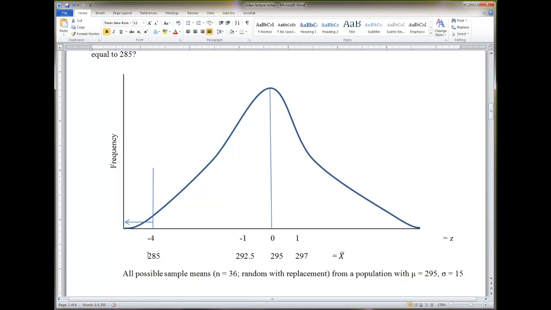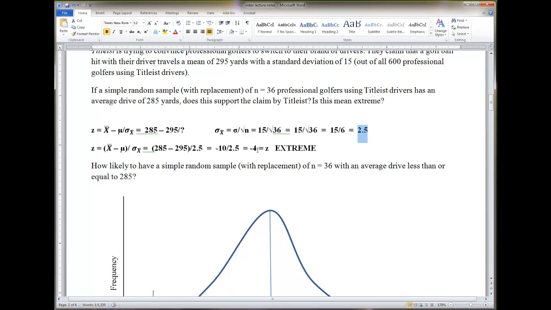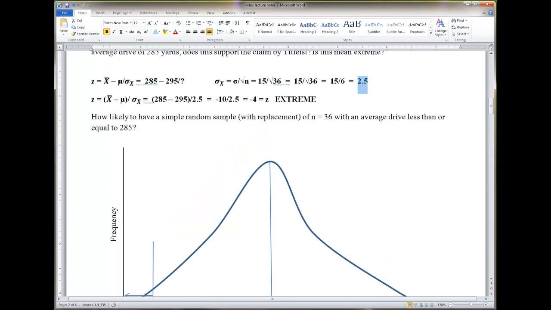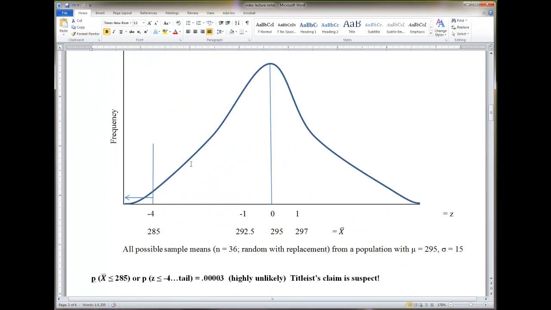Now, real quick, we know that 285 is at the extreme left end of the distribution. We know it's to the left end because 285 is less than the mean, so it's to the left of the mean. And it's pretty extreme based on the fact that the z-score for it is -4. So that's why I put it so far out here. So again, if we're looking for less than or equal to 285, it goes this way and it's a tail.